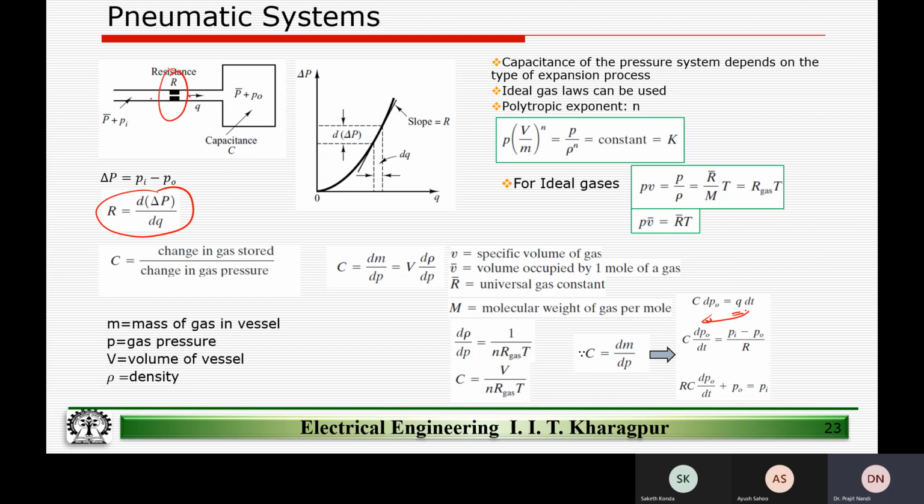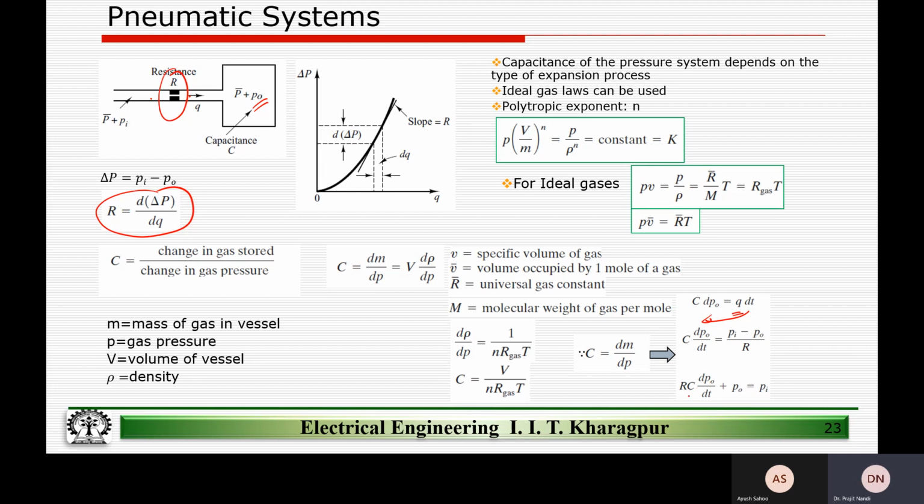So I can write C multiplied by dp0 by dt, where dp0 is the small incremental change in the small signal pressure, equals pi minus p0 divided by the resistance, right?